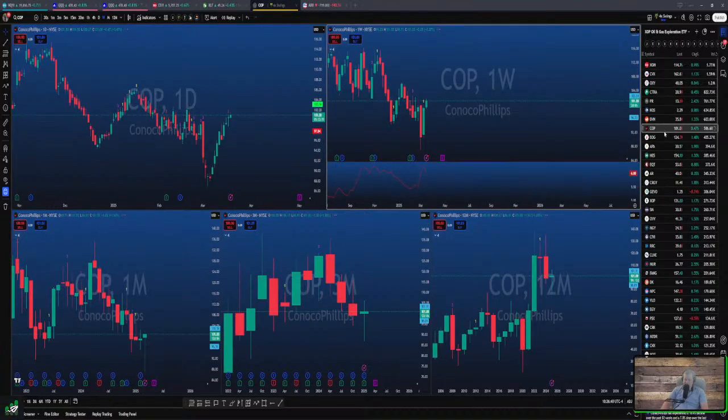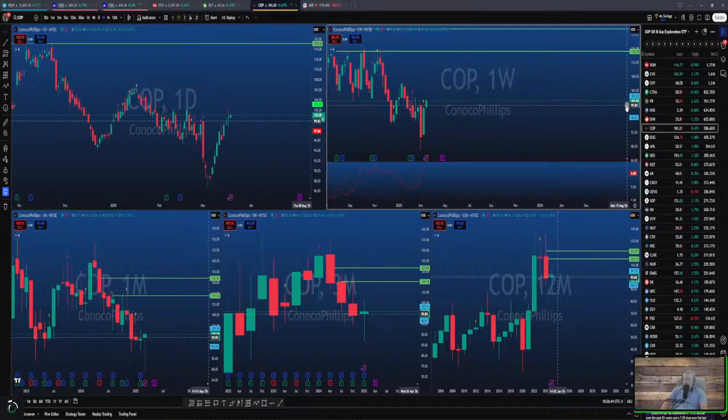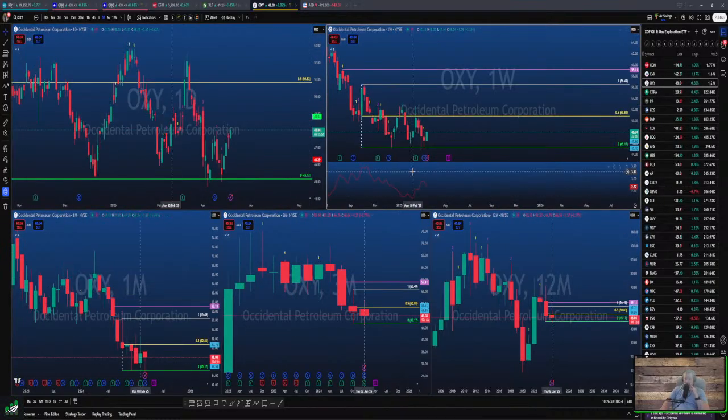So actually the better trade for me would be to take this setup that I saw on XOP and take it on COP, ConocoPhillips, because ConocoPhillips is the stronger of the two that I was looking at.